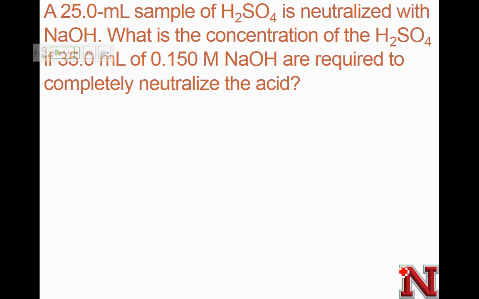Once we know how to do this, we can then apply it, just like we did before, to an example. So we did a neutralization reaction before. We talked about it. But here we're not given our products. So for this example, the difference is we don't have our products given to us.